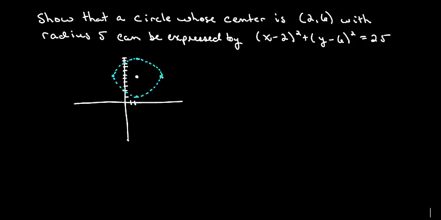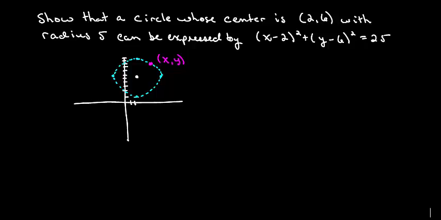Okay. Now, let's grab an arbitrary point on that circle. Let's say this guy right here. And let's say that it has coordinates (x, y). x and y are unknown, but we just know that it has those coordinates. Okay, so now what we've got to do is find our equation.